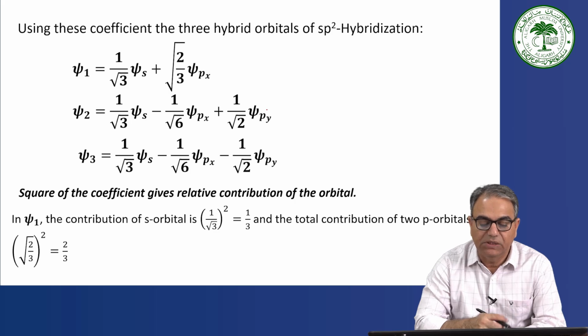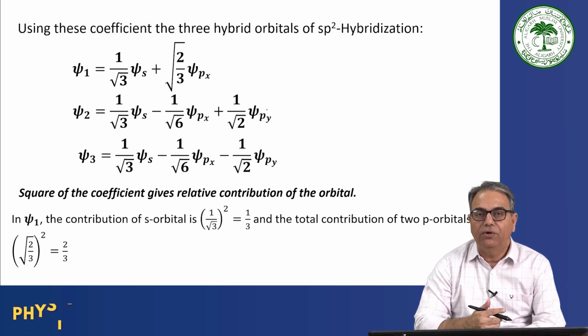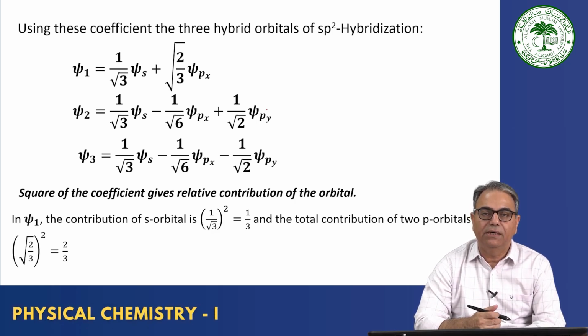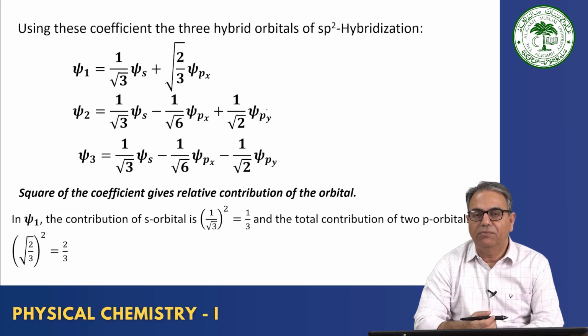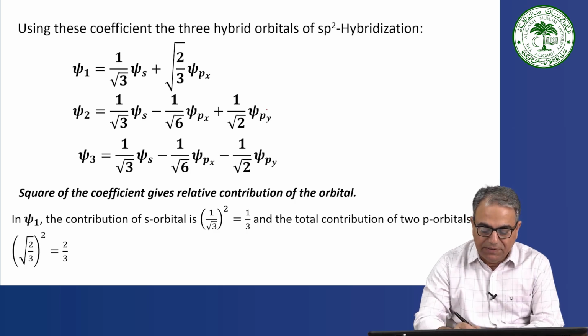Now I said that the contribution you calculate by squaring the coefficients. So if you want to know the contribution of s and p orbital, then you square the coefficients. In case of psi 1, the s contribution will come from the square of 1 by root 3, which will be 1 by 3, and the contribution of p will come from the square of root 2 by 3, so it will be 2 by 3, and 1 by 3 plus 2 by 3 makes 1.